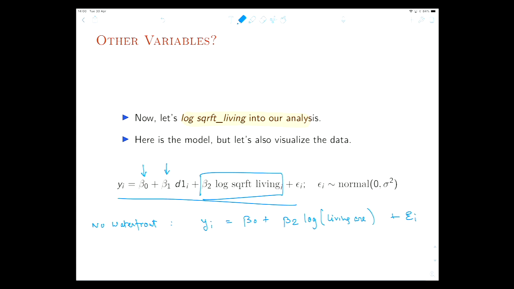But if you have a property with a waterfront, then your model becomes yi equals beta 0 plus beta 1 plus beta 2 log living area. So that's essentially the two models that we are fitting within that single representation.